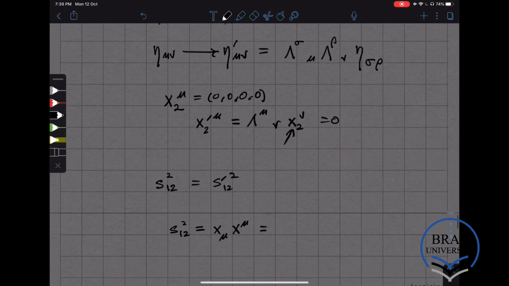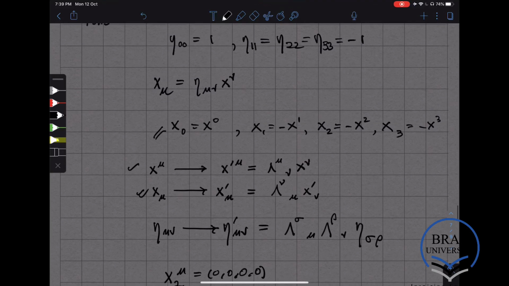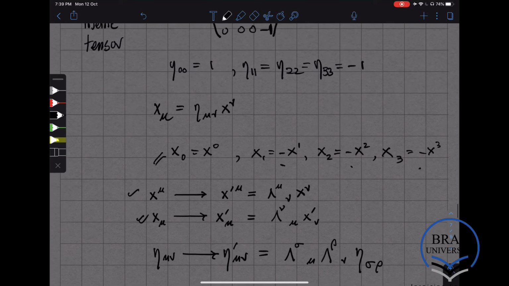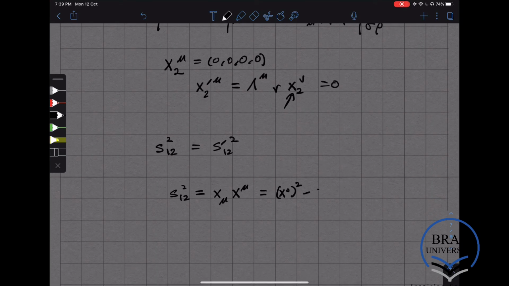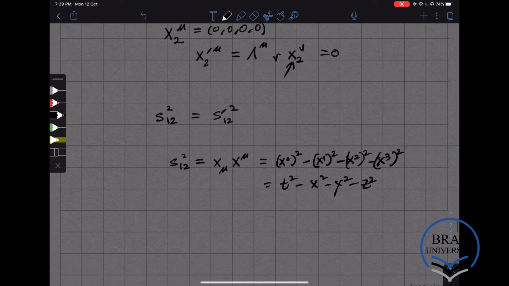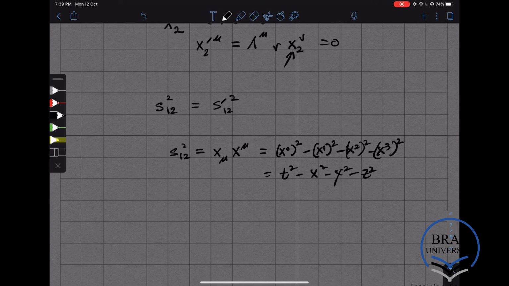This is going to be given by x_0 squared, and here we see there's a minus sign here, here, and here. That means this will give us minus x_1 squared minus x_2 squared minus x_3 squared, and this is just t squared minus x squared minus y squared minus z squared. This is exactly what we meant by the interval. Of course, here we are saying that x_2^μ is 0.